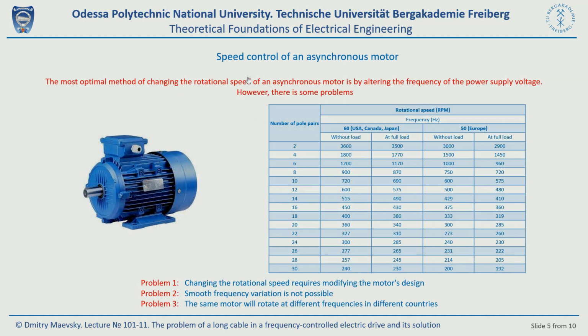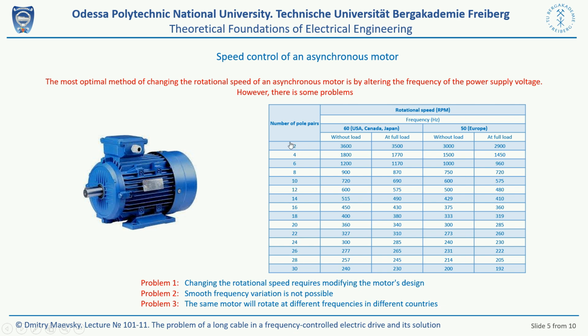Let's look at the table on this slide. Nowadays, there are two industrial frequency standards in the world. In the United States of America, Canada, and Japan, and some other countries, the network's frequency is 60 Hz. But in Europe and many other countries, the frequency is 50 Hz. This table shows the rotation speed of motors with different numbers of pole pairs in different countries.